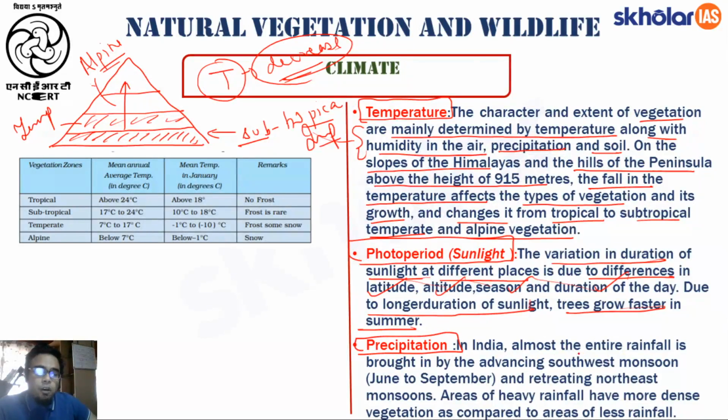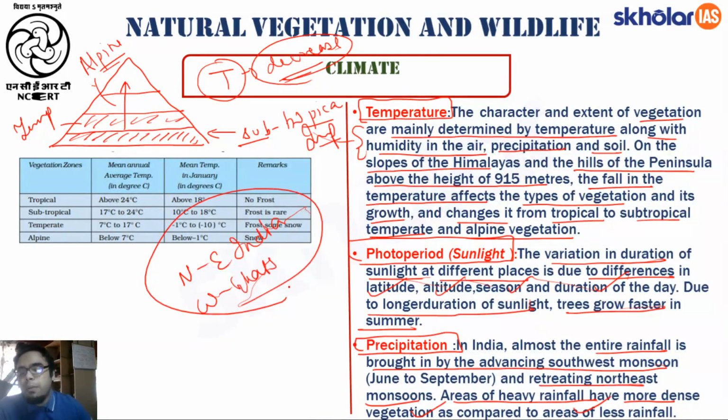Now in India, almost the entire rainfall is brought in by the advancing southwest monsoon, which we have already talked about, and the retreating northeast monsoon. Areas of heavy rainfall will have more dense vegetation as compared to areas of less rainfall. For example, if I take northeast India or the western part of the Western Ghats, in these areas India is receiving the maximum amount of rainfall.